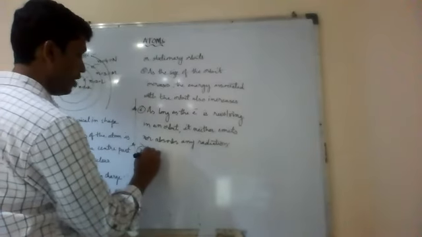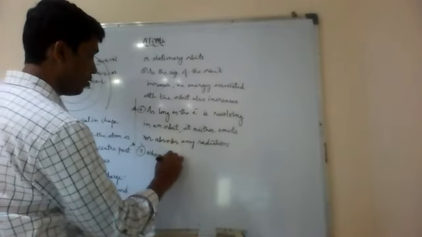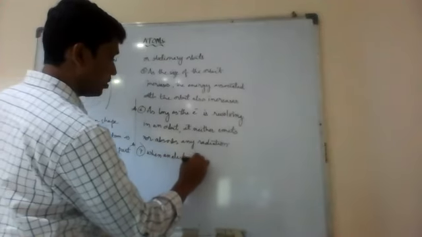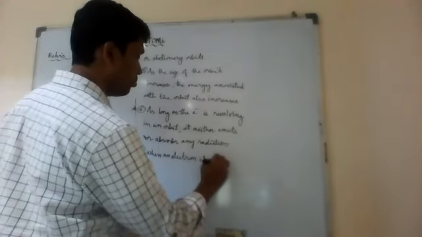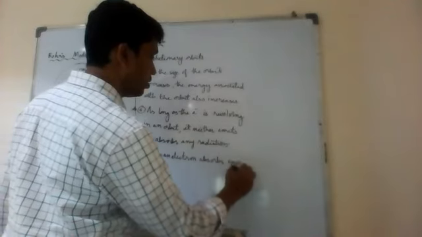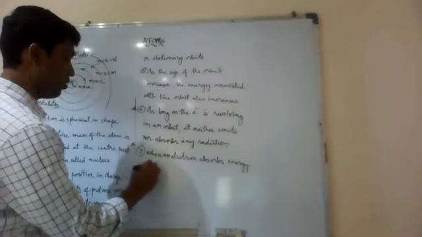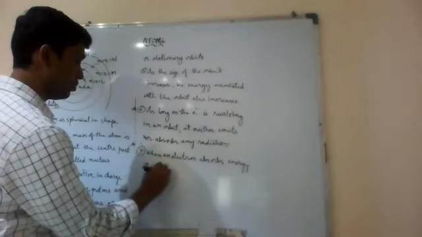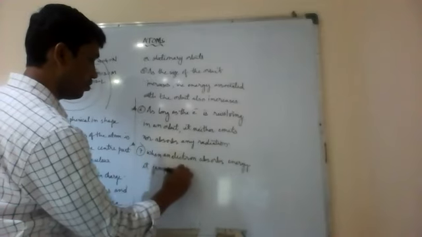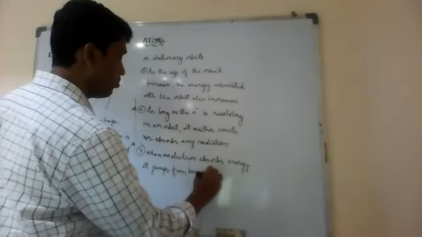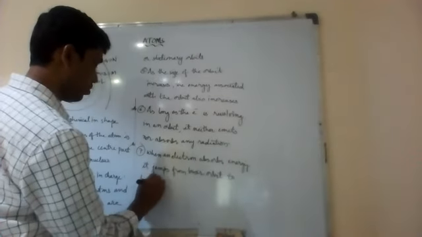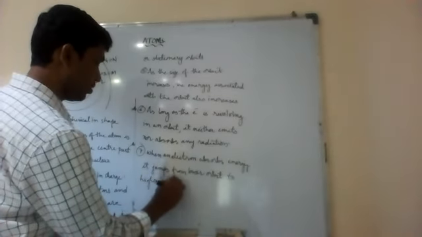So when an electron absorbs energy, it jumps from a lower level to a higher level, lower orbit to higher orbit, and vice versa.